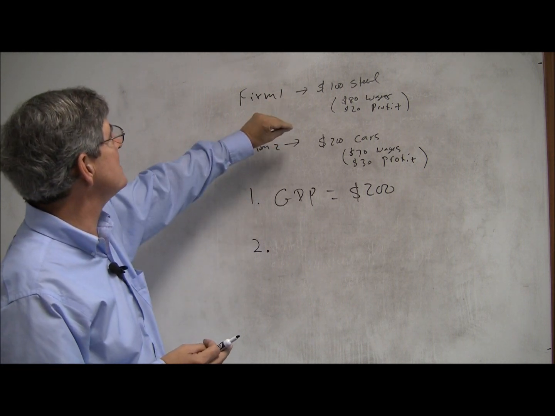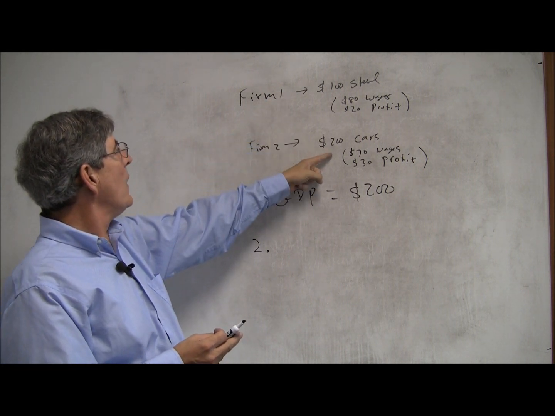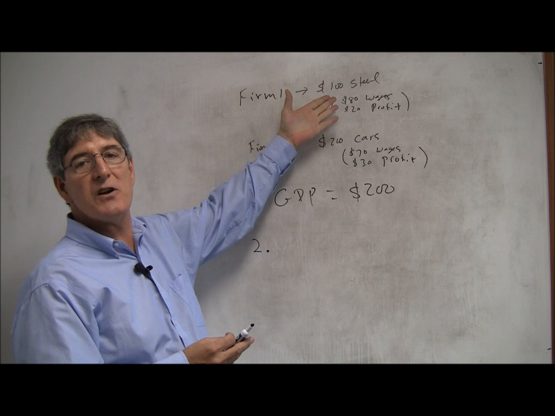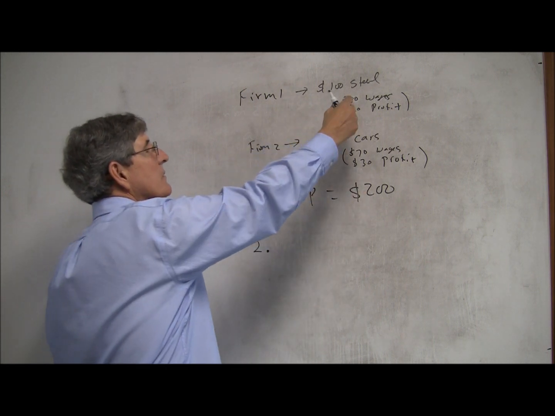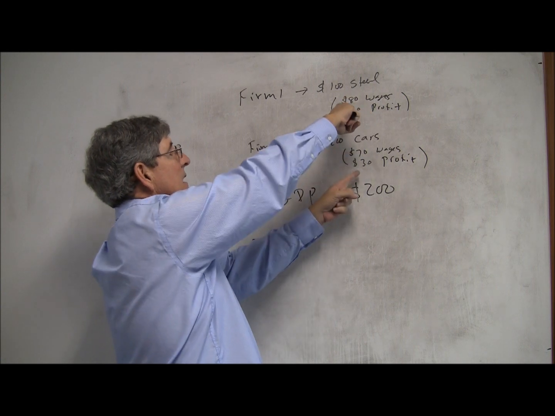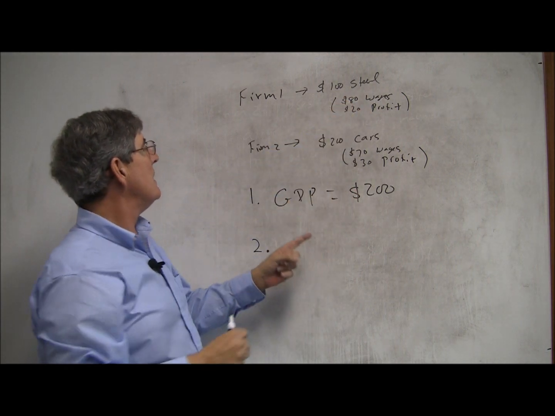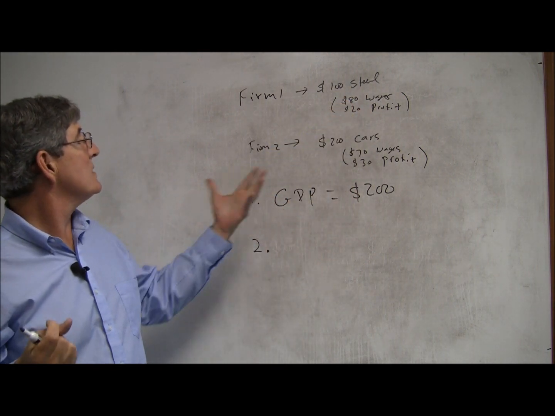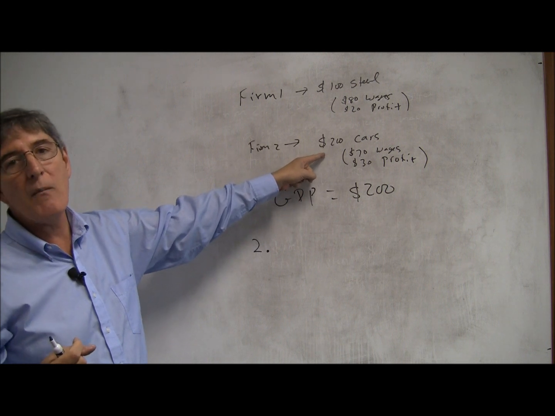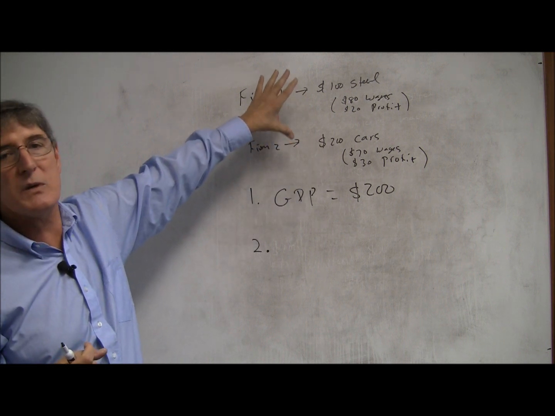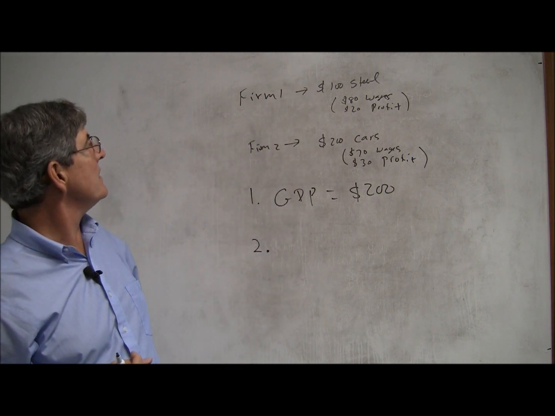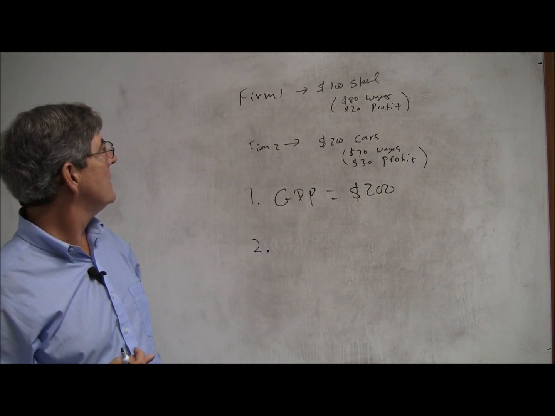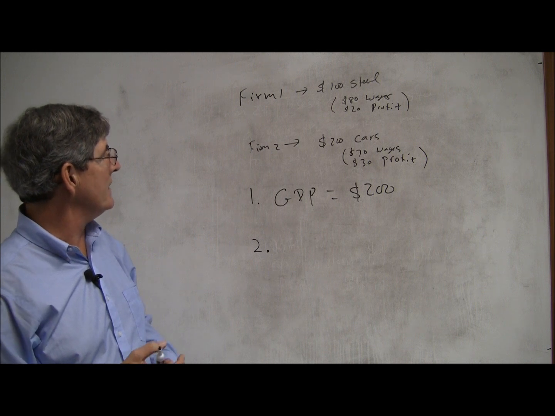If we were to merge these two firms, this firm would be going out and collecting steel, producing it internally, then using that steel to make cars. It would have a wage bill that was 80, 150. It would have profits of 50, but that firm would still only produce $200 worth of outputs, even if it merged with other firms. We just don't count those intermediate goods as part of GDP to avoid double counting.